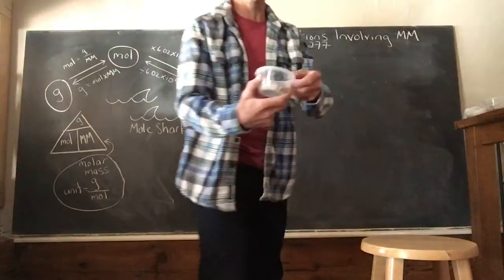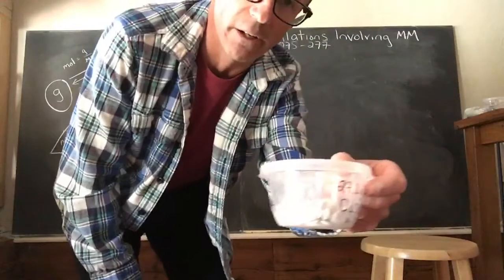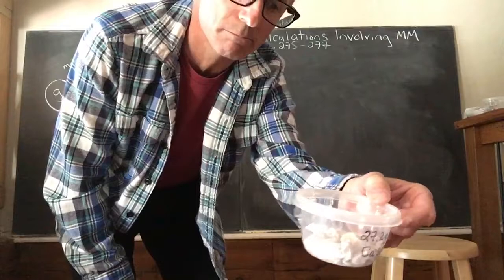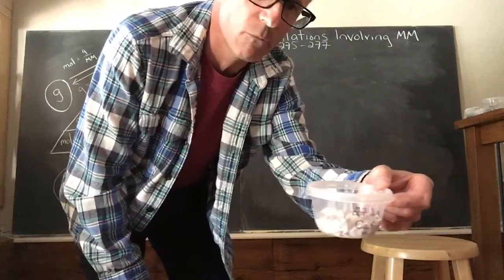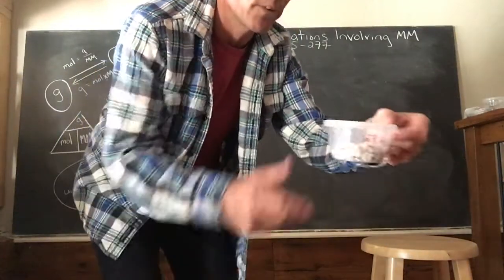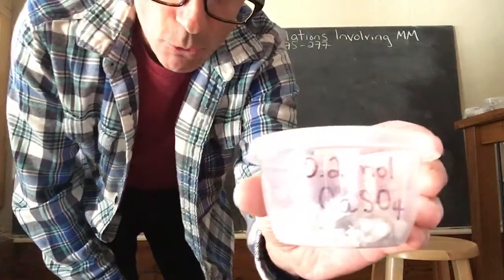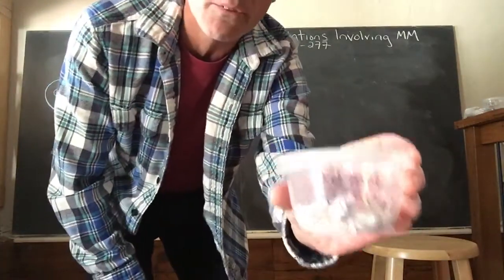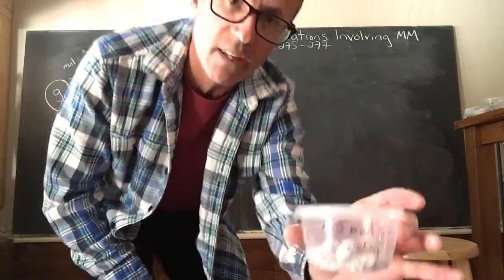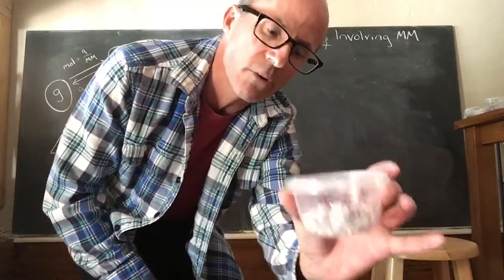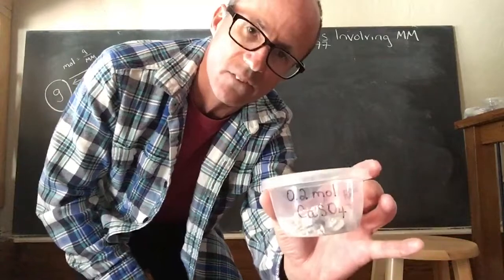So I happen to have my drywall here. This is my calcium sulfate, and we can work the other way around. So in this case, I'm telling you that we have 0.2 moles of calcium sulfate. And the question is, how many grams would we have in this container?